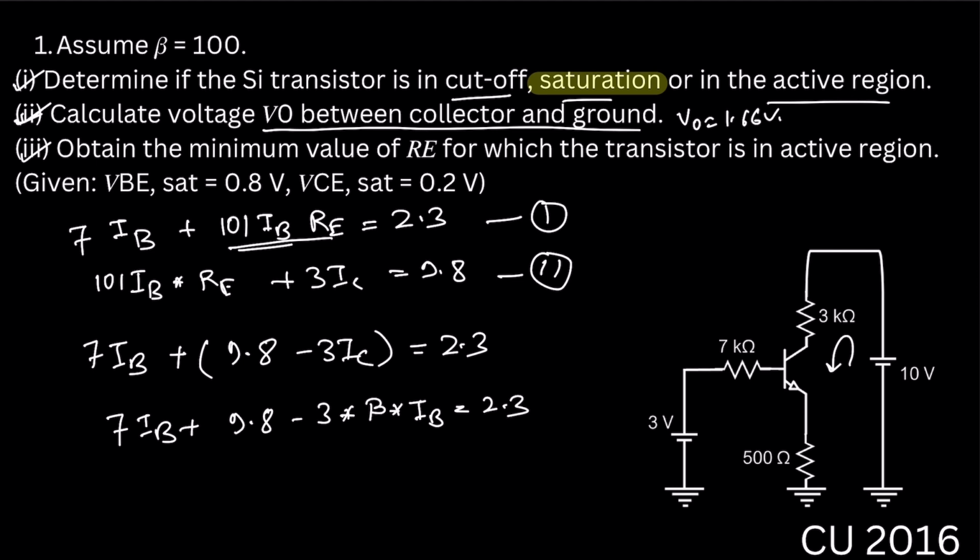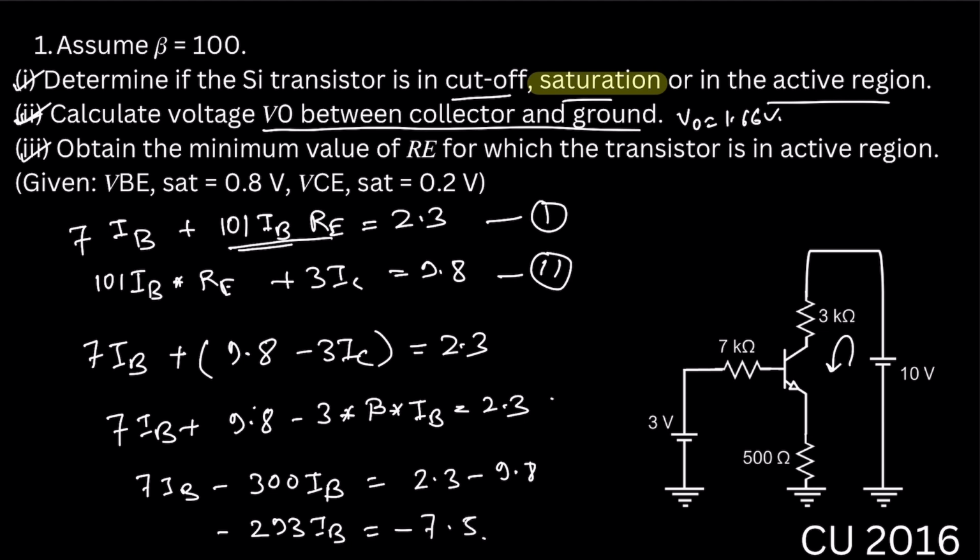Okay, from here, if we just put 9.8 on this side, then we can write down 7 IB minus 300 IB equal to 2.3 minus 9.8. Okay, from here we can get minus 293 IB equal to minus 7.5.